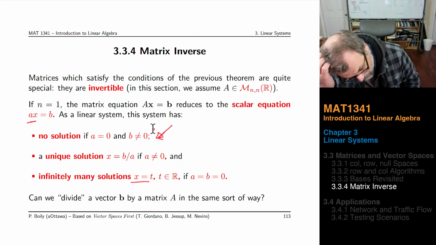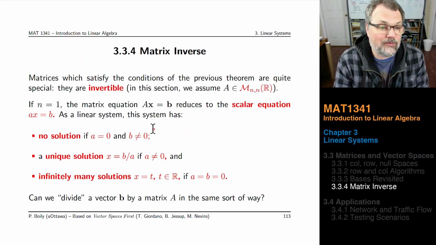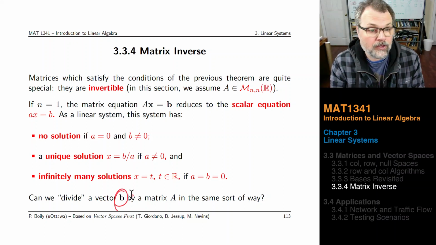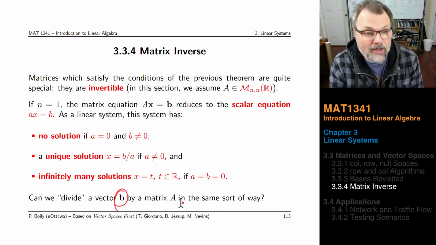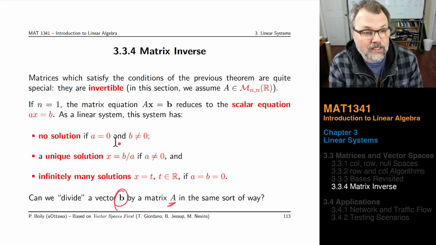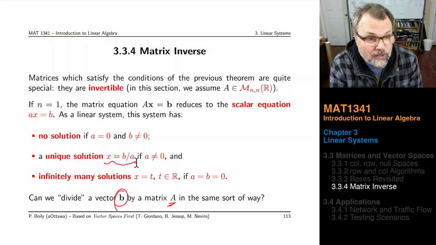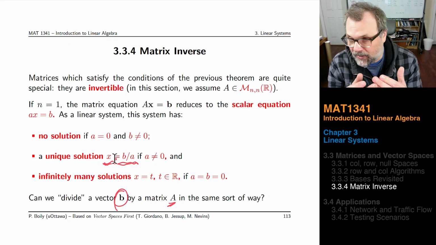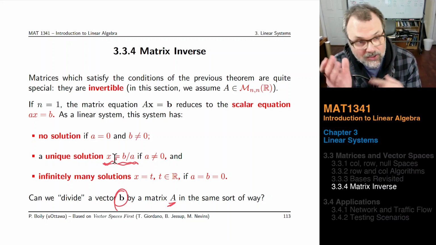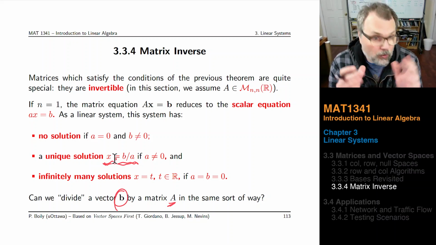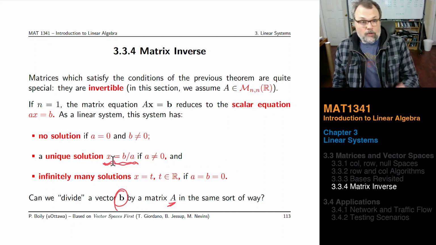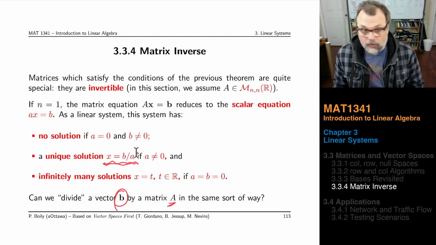So we want to come up with a way to basically divide here by this vector b. We want to divide the vector b by a matrix A, right? Which is basically what we're trying to do when we solve here and get a unique solution. We're dividing the constant vector, which just happens to be a 1 by 1 vector, so a real number, by the coefficient matrix A, which just happens to be a 1 by 1 coefficient matrix, so a real number.